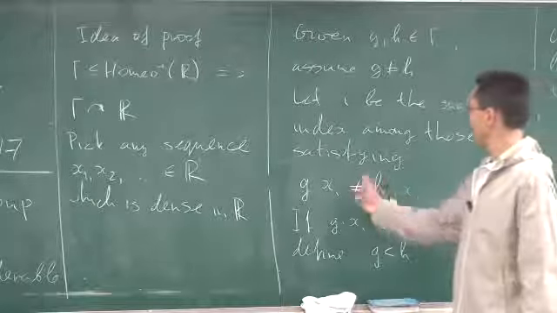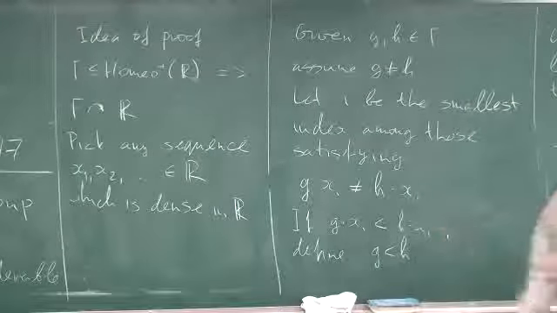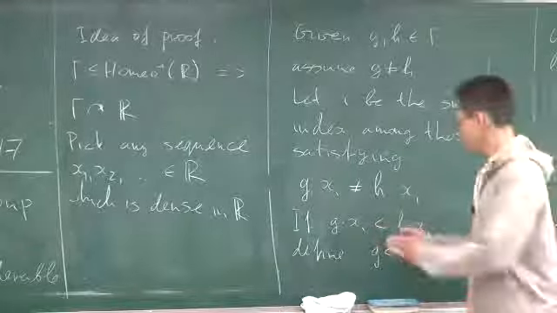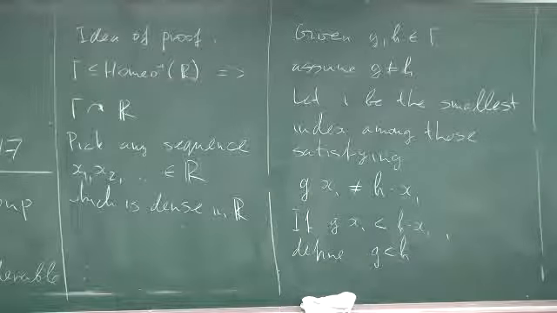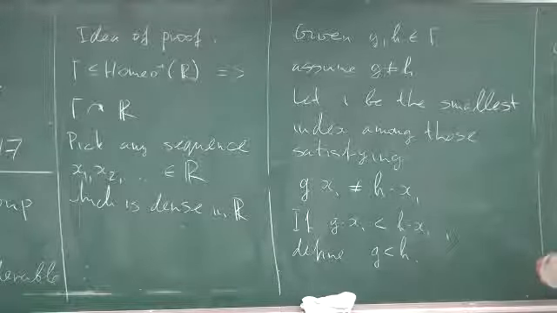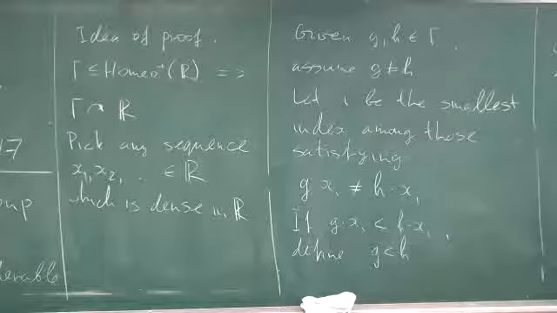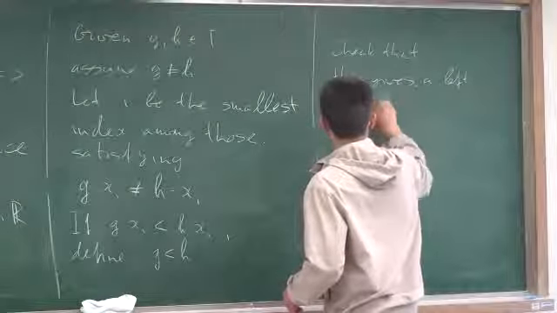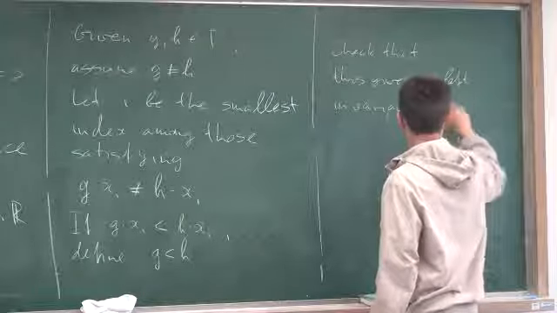So depending on which one of these points is bigger or smaller, you declare G and H to be bigger or smaller than each other. And then there is something to check. So you check that this gives a left invariant total order.